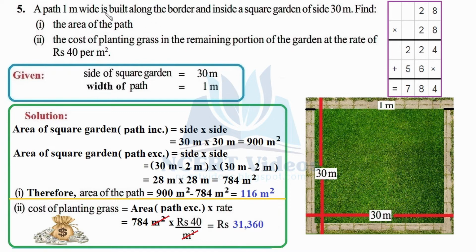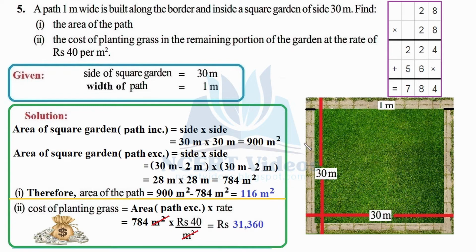The difference is, here we have a path which is built along the border but inside a square garden. So actually we were having a square garden, but we have constructed a path inside and along its four sides. This is the only statement which we have to catch in order to solve the question.